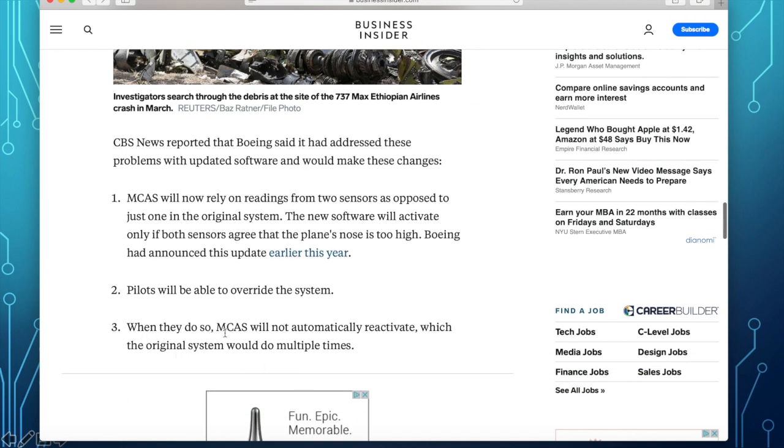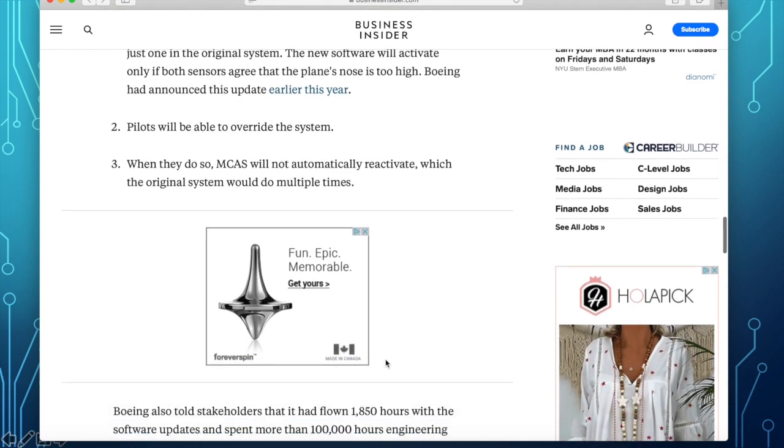So when they do, MCAS will not automatically reactivate. When the pilots override the system, the MCAS is fully detached from the system, which happened in the original system multiple times.